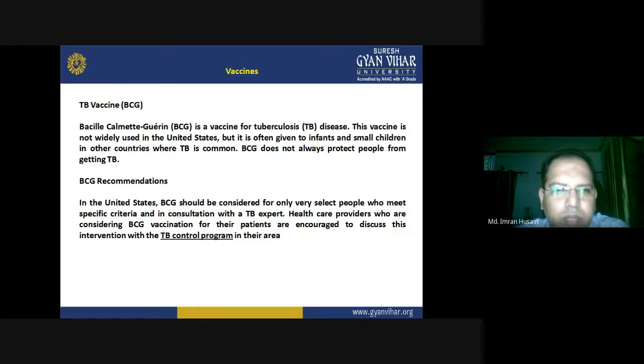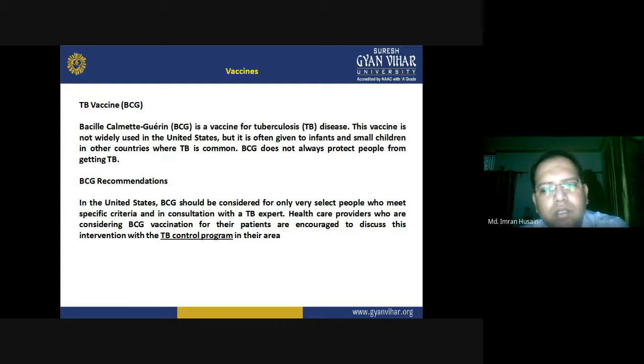This vaccine is not widely used in the United States, but it is often given to infants and small children in other countries where TB is common. BCG does not always protect people from TB. Although young children or infants are given the BCG vaccine on a regular basis in countries where TB is very common.